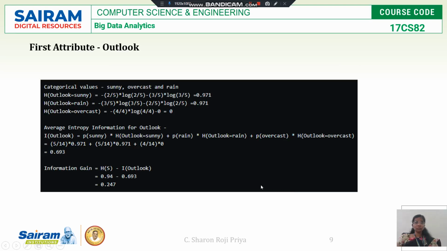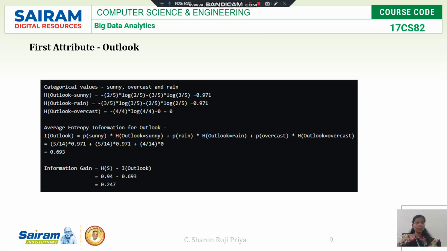So all 4 are positive, no negative. So it should be minus 4 by 4 into log 2 of 4 by 4 minus, since there are no negative samples, you will get the value as 0.